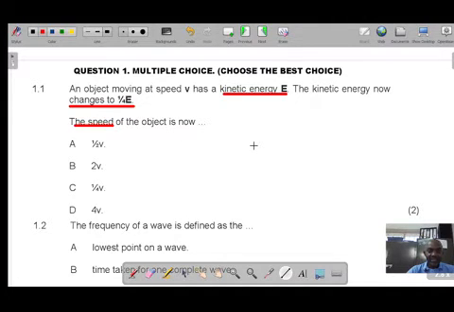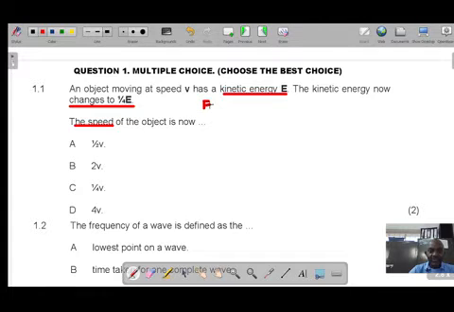Now we know that our kinetic energy has got a formula. So for this object, we know that kinetic energy E is given by E equals a half mv squared, that is mass times v initial squared. This is the E initial.